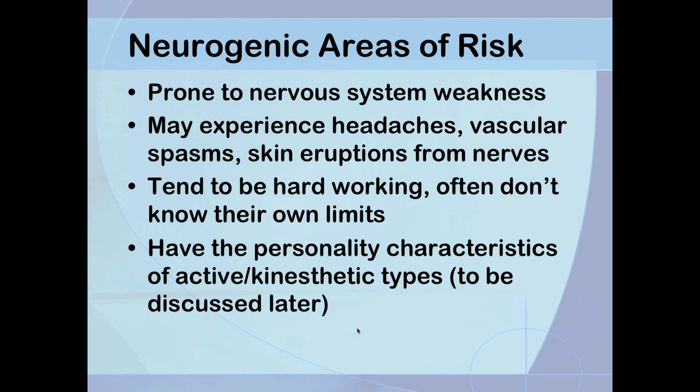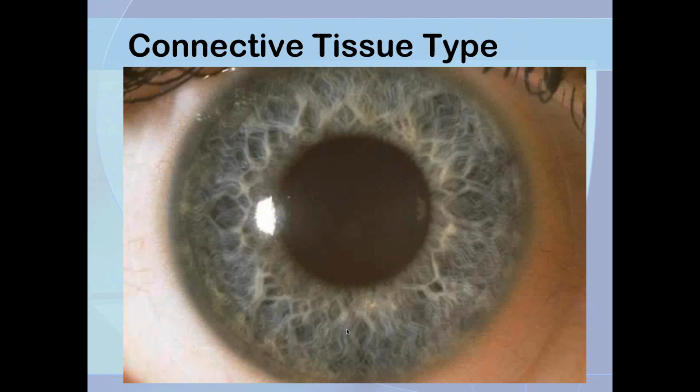We'll talk a little bit more about the personality characteristics of this when we talk about the basic personality types, but all of the strongly resilient people with the neurogenic types tend to have this active kinesthetic nature that we'll talk about later.